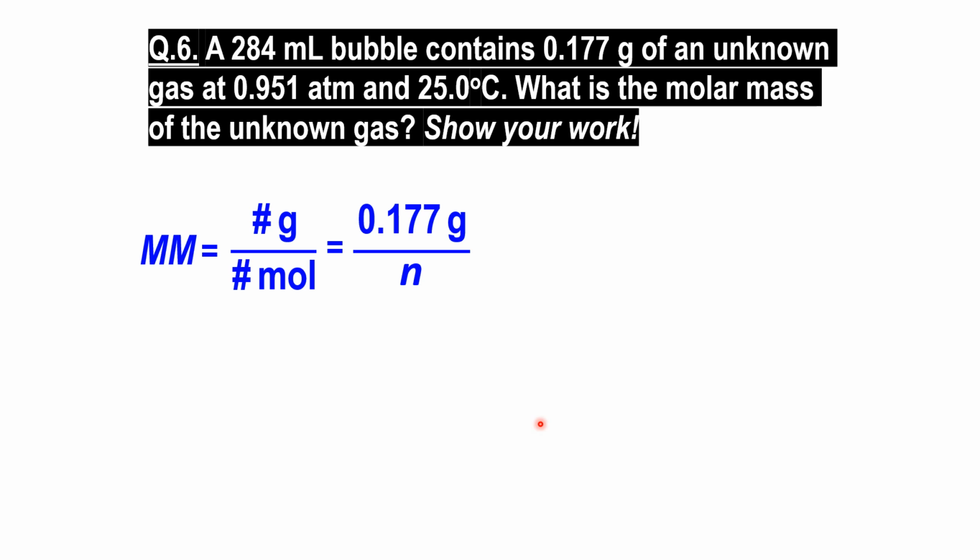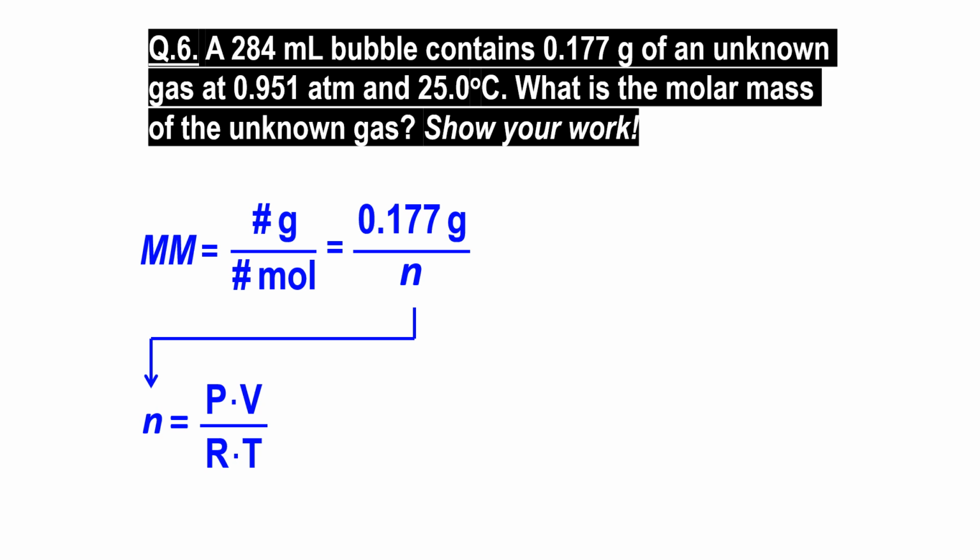But in this case, what we need to do is solve for n. In order to solve for n, we need the relationship PV equals nRT. Then we just shift all the other variables onto the other side of the equation, so n equals P times V over T times R, right? And we have all these variables available here.